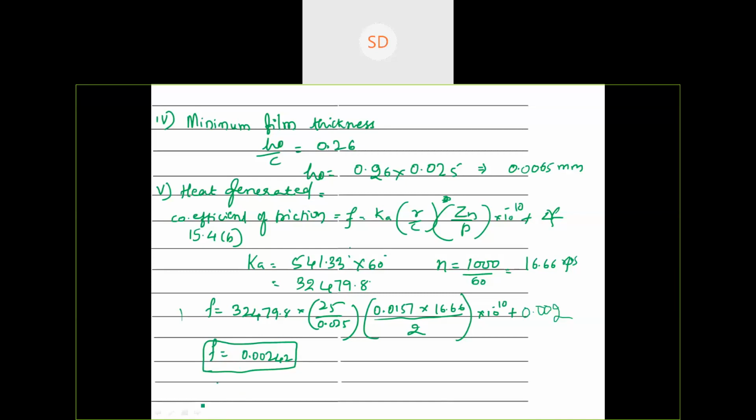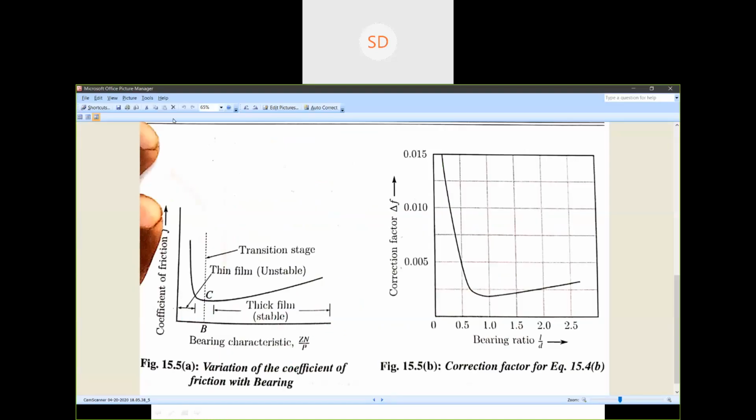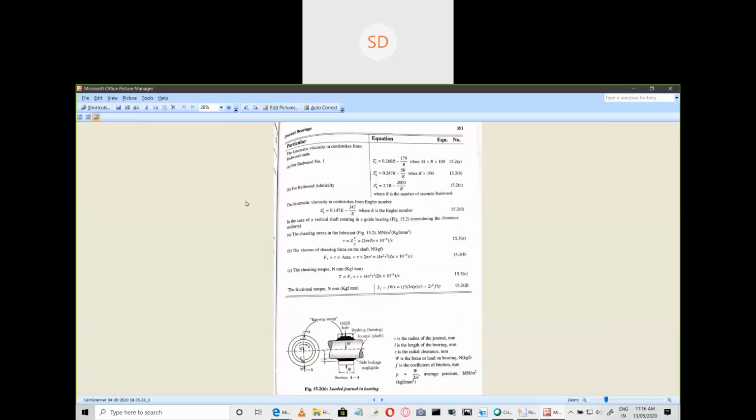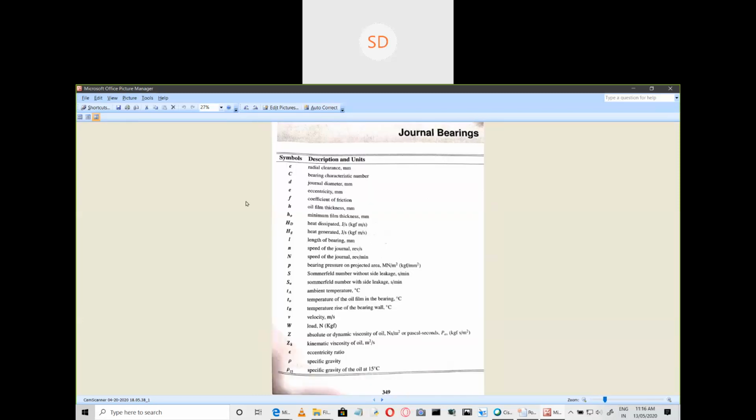So now heat generated or power loss is, you refer to the equation again from the data book. It is F W V. Okay, heat generated.